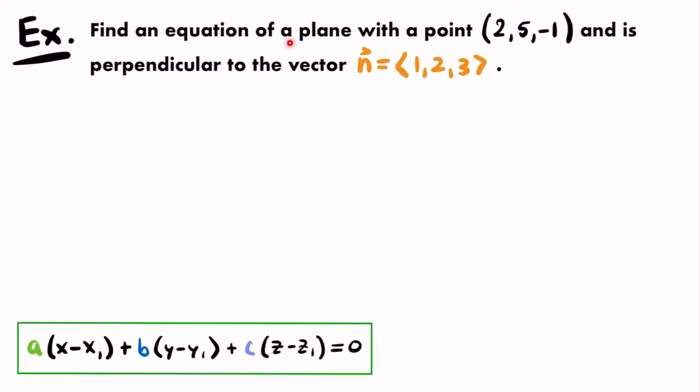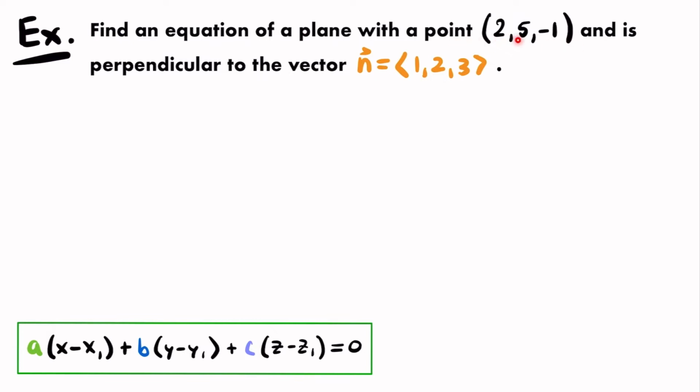We want to find an equation of a plane with a point (2, 5, -1) that is perpendicular to the vector n, which is the position vector of the point (1, 2, 3). All right, so remember, if you want to find an equation of a plane, you need two things. You need a point in that plane and a vector that it's perpendicular to, or a normal vector, and we have both of those things given to us in this example.